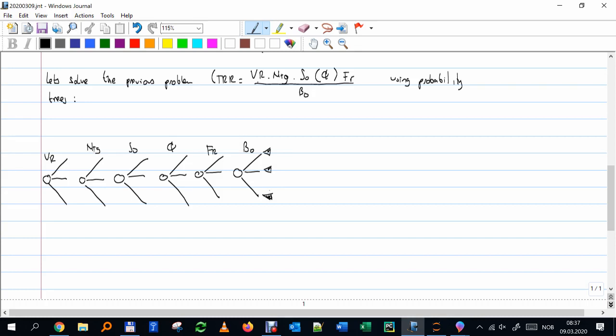So if you imagine that, that will be a huge, large tree. How many branches, or how many paths do I have? 3 times 3 times 3 times 3 times 3 times 3.